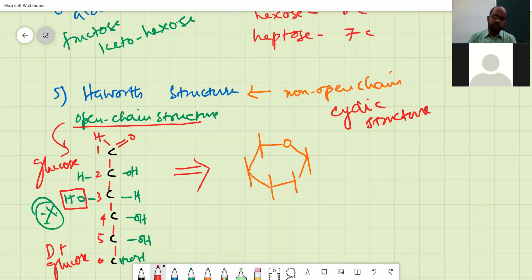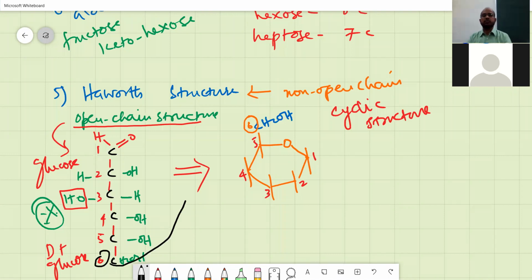So the numbering will be like this: 1, 2, 3, 4, 5, and then this particular one will be CH2OH, the 6th carbon atom. This is the same as this. In the cyclic structure, we try to shade this portion like this.